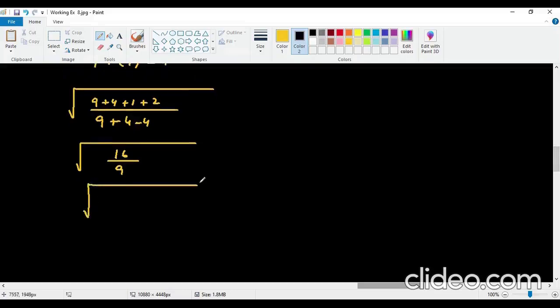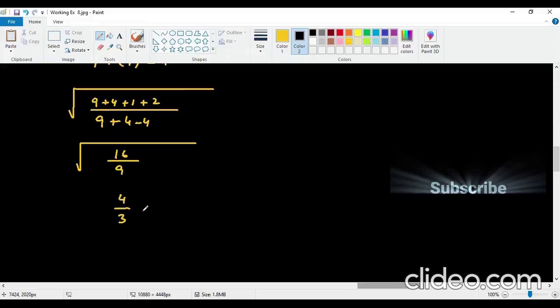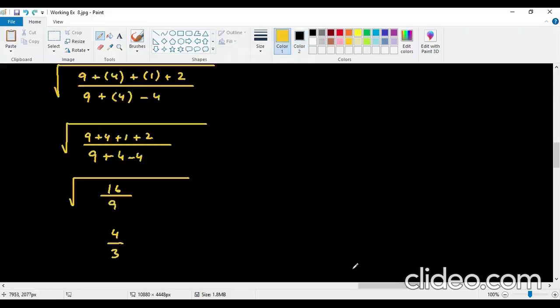So under root, 16 divided by 9 is going to give you something like 4 over 3. When taking a root, 4 times 4 is 16 and 3 times 3 is 9. So 4 over 3 is going to be your answer for question number 49.